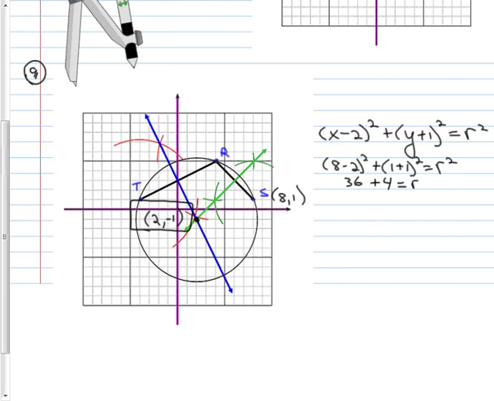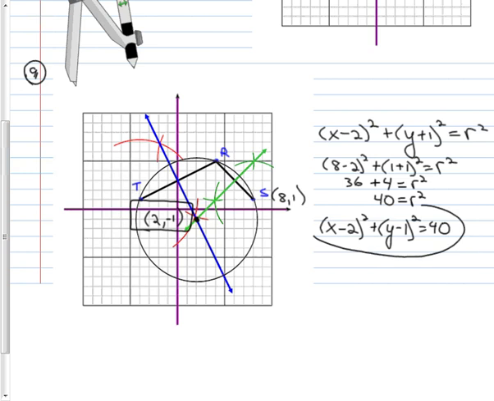So what's the radius squared? 40. 40 is the radius squared. So my equation: x minus 2 quantity squared plus y plus 1 quantity squared equals 40.